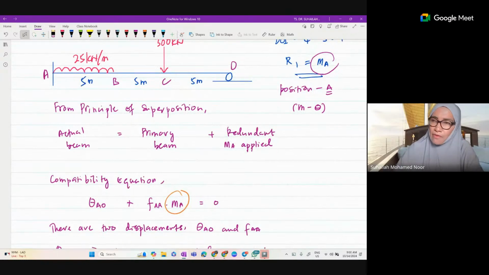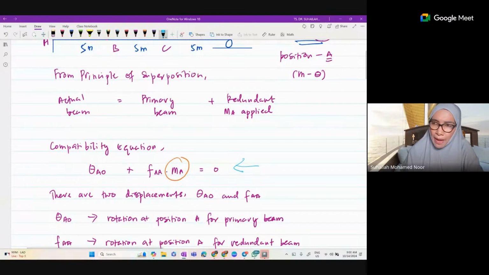Okay, so after we have chosen the redundant, we get this directly. Understanding how we derive this, I explained last week, so you can directly write the moment equation.